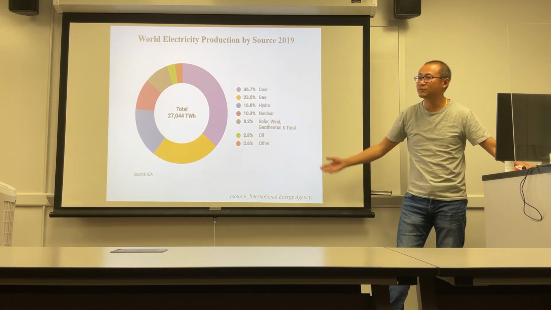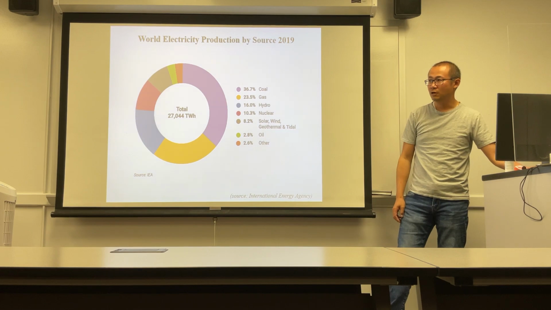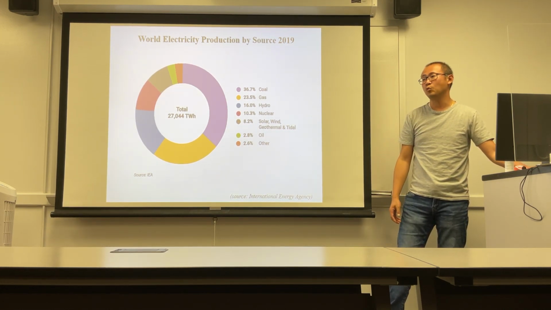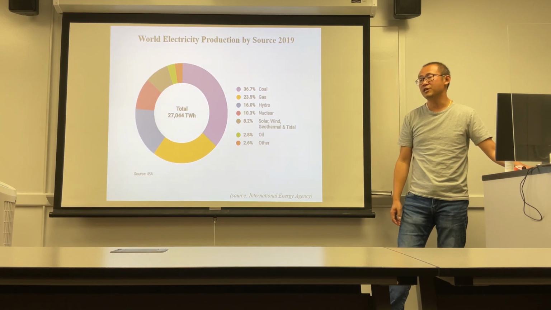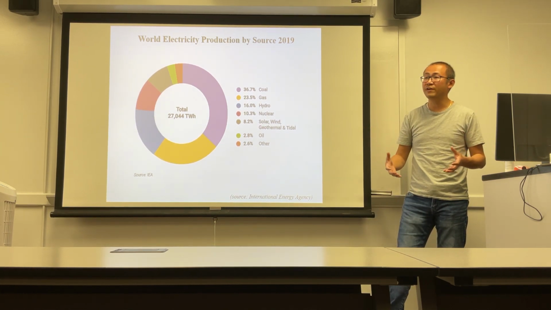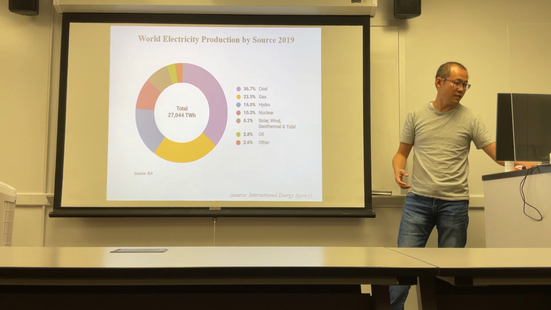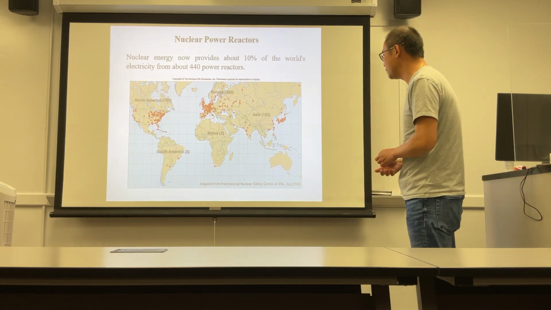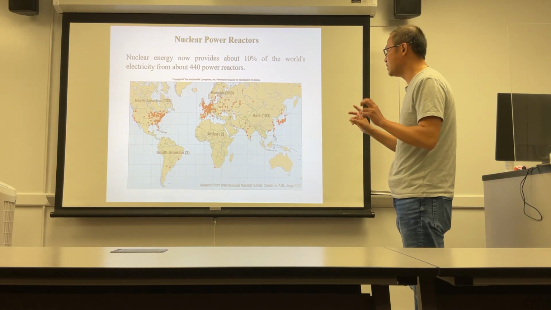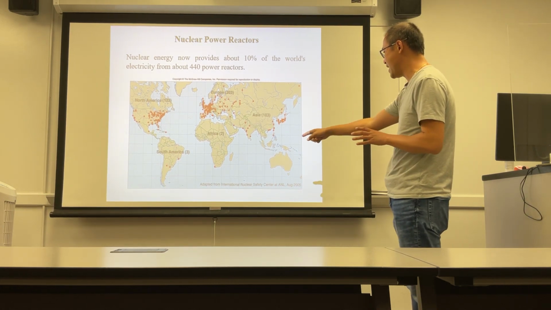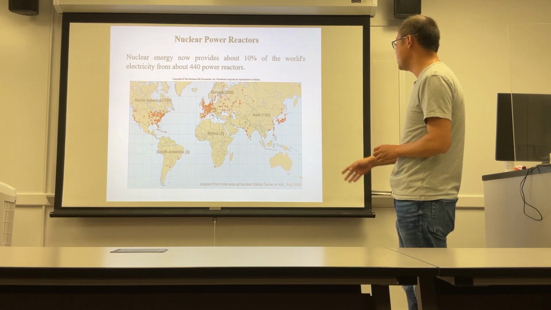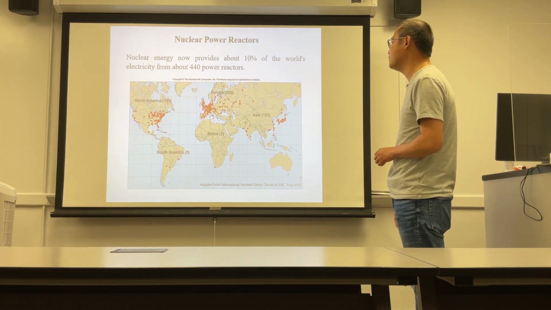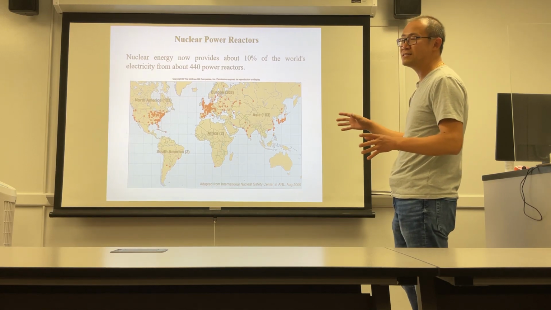Of course, in this chapter we're going to talk about nuclear power. Even though it is 10%, it is one of the solutions to give us a lot of energy for electricity. So this is the picture, taken from the International Nuclear Safety Center. This picture was taken in 2005, but the total number doesn't change much.